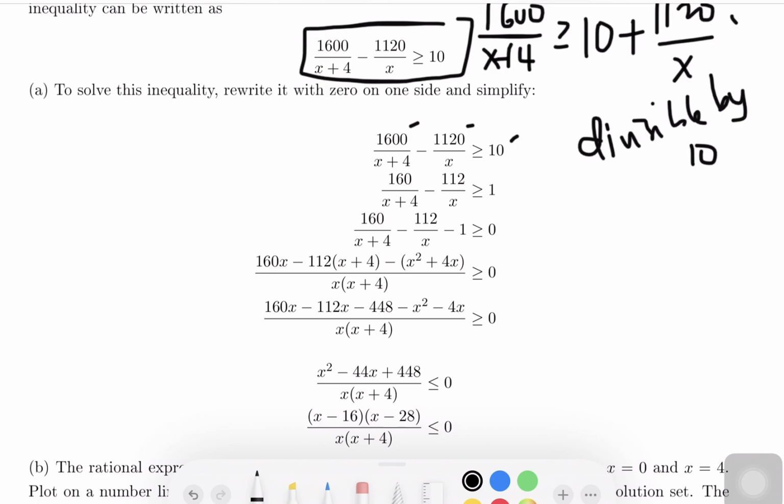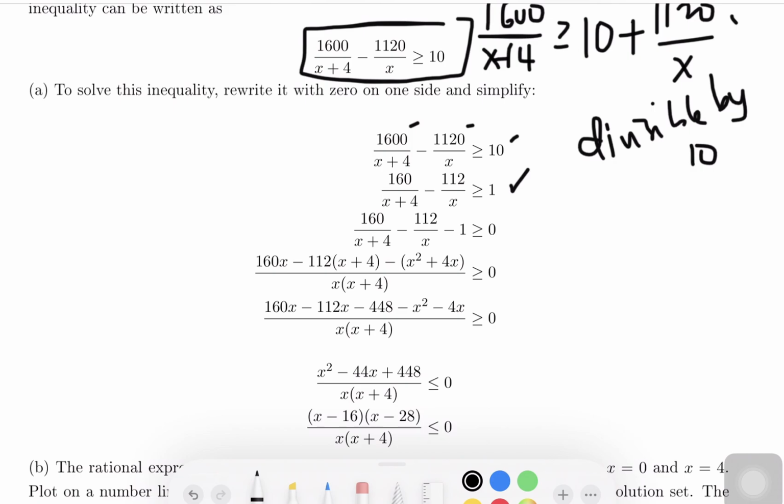So, 1,600 divided by 10 is 160, 1,120 divided by 10 is 112, and 10 divided by 10 is 1. Because it is easier to manipulate if the rational expressions are in lowest terms.